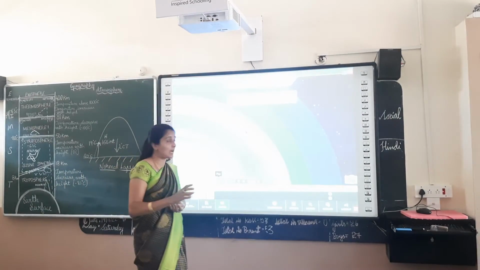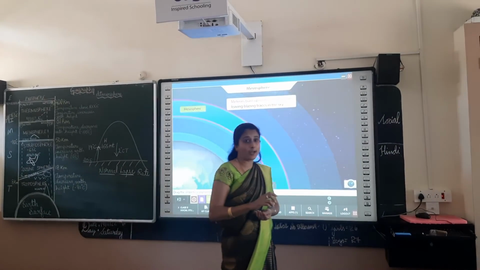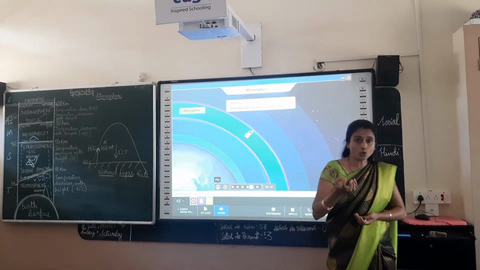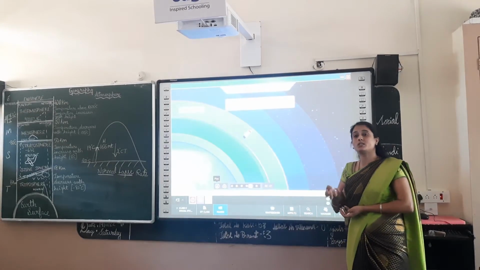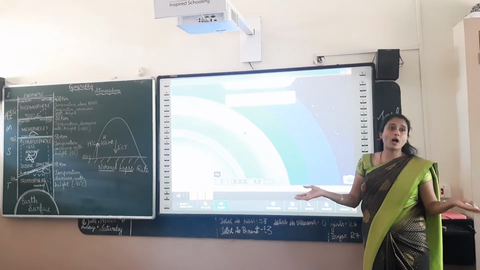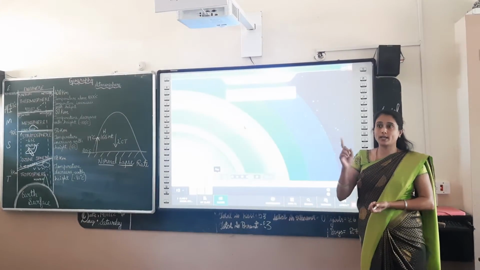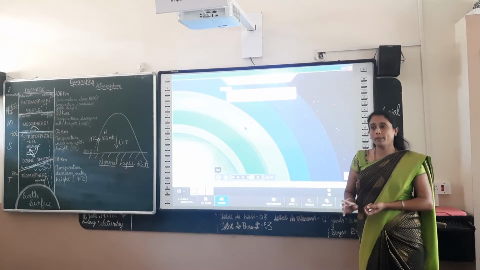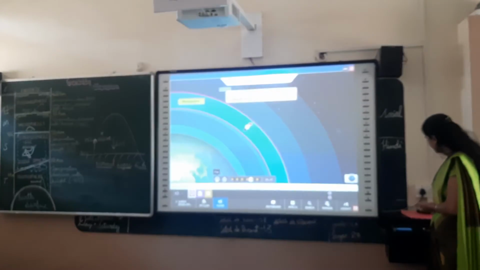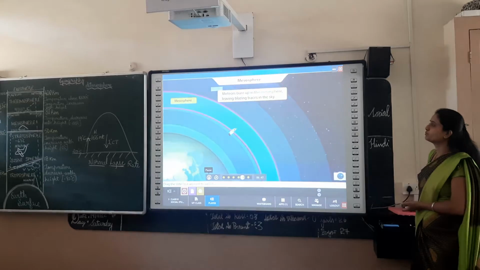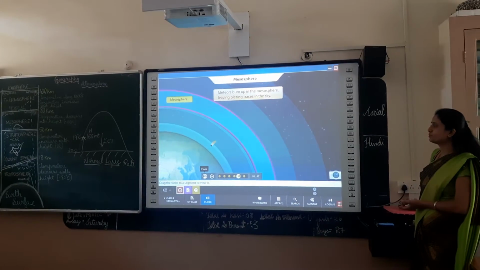Actually, it is not a star. Those are meteoroids coming from space towards the Earth's surface. They blast in the mesosphere. Those are not exactly stars. Those are meteoroids, leaving blazing traces in the sky.